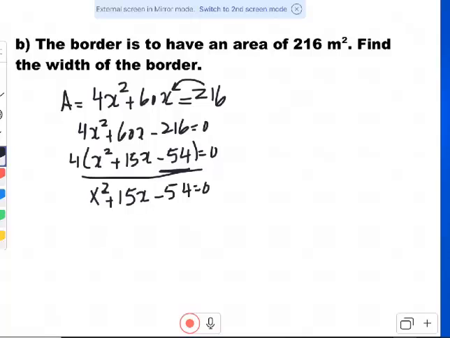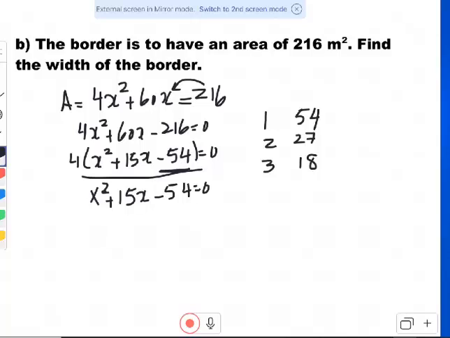Now there is no common factor here. The leading coefficient is 1. So I have to find two numbers. The product is 54. So those two numbers are 1 and 54, 2 and 27, and 3 and 18. Between these pairs, I have to find one that the sum is 15 and the product is negative 54.